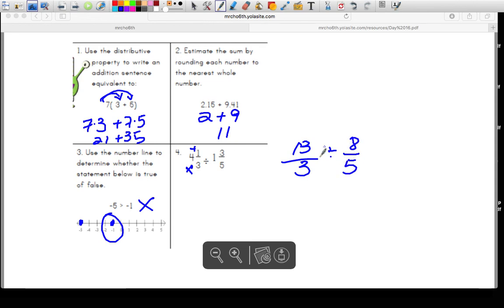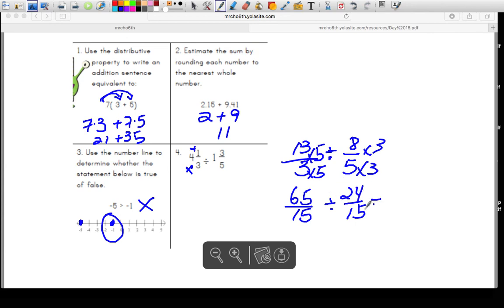We don't want to divide in this particular state. So we're going to find a common denominator, which is 15. The 3 became a 15 by multiplying by 5, so multiply the top by 5 too. And you get 5 times 13 is 65, and 3 times 8 on top is 24.